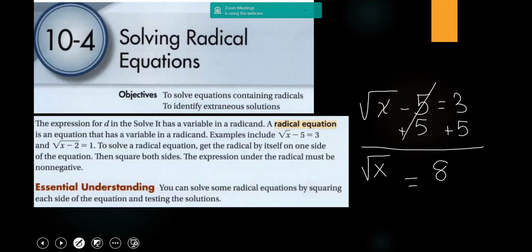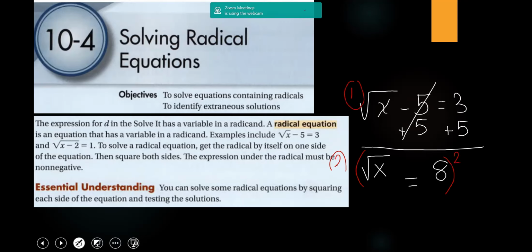But I don't want the square root of x, I want x. So the second step is to square both sides. The first step is to get the radical by itself. The second step is to square both sides.